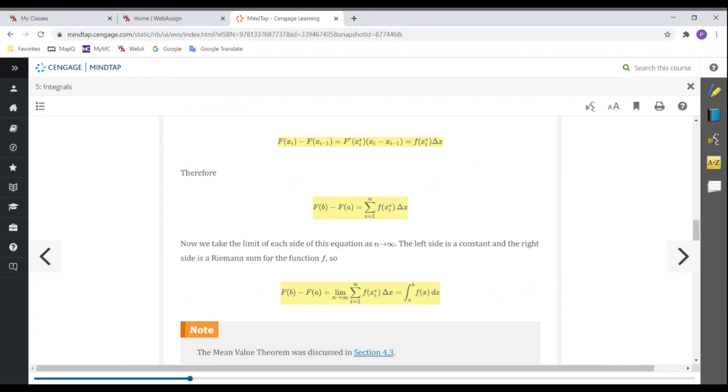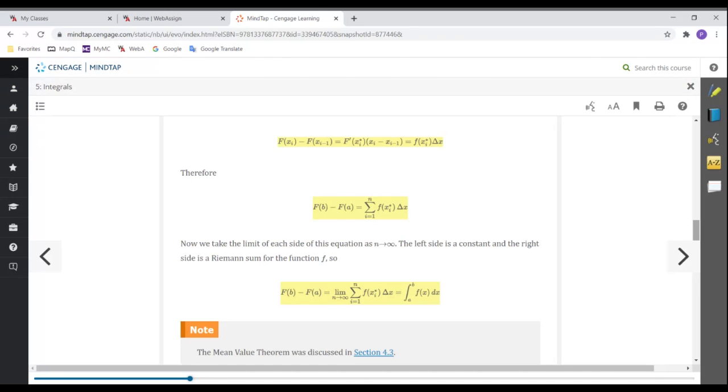The definite integral can be evaluated by finding the antiderivative of your function f, evaluating it at the points B and A, and taking the difference. And that's why the evaluation theorem is true.